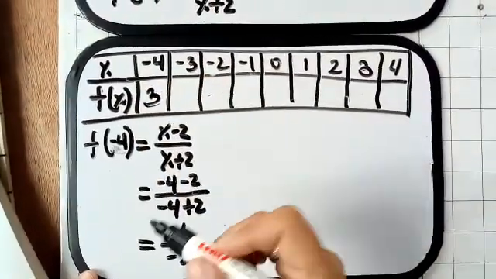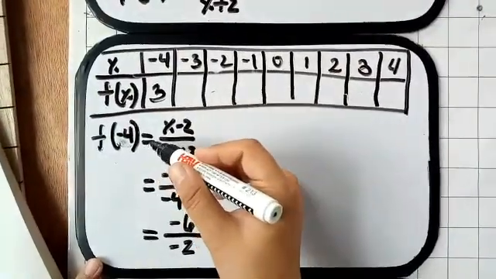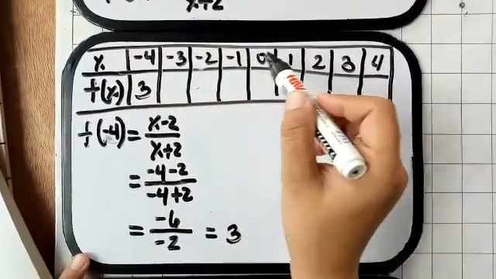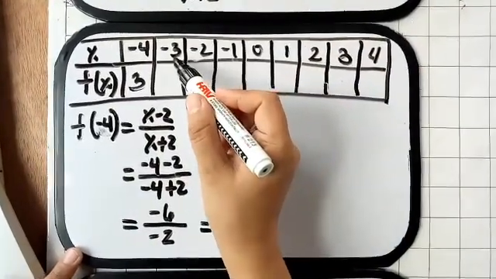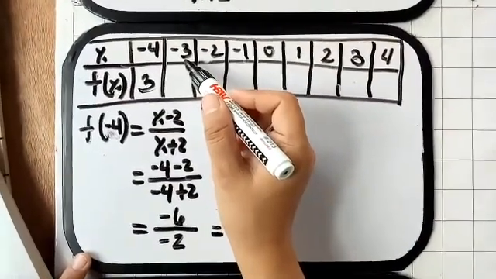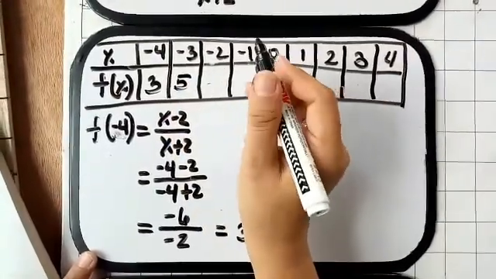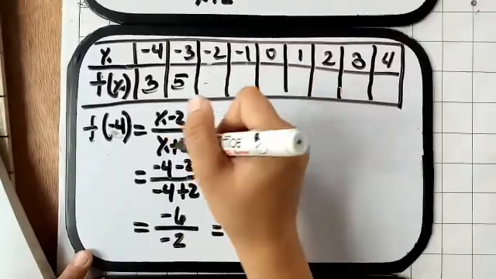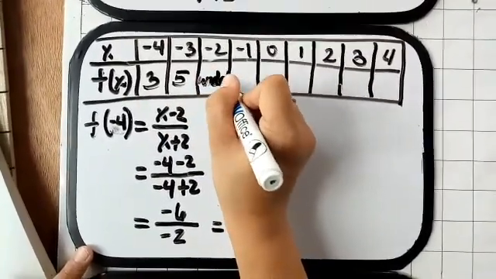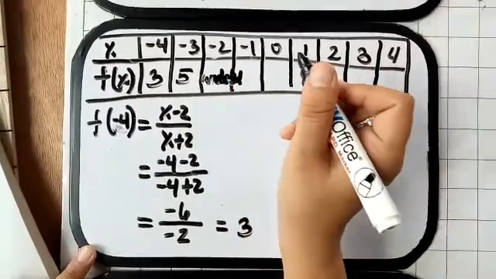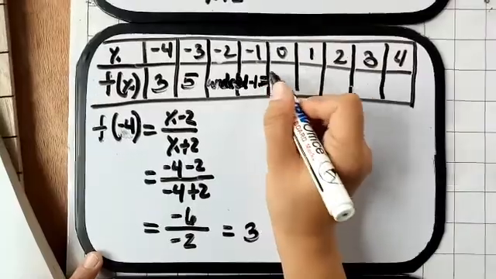Like what we have done to find f of negative 4, we will also do the same on the following values of x. If x equals negative 3, we will have f of x equals 5. For negative 2, the denominator will become 0, so that is undefined. For negative 1, we have negative 1.5.